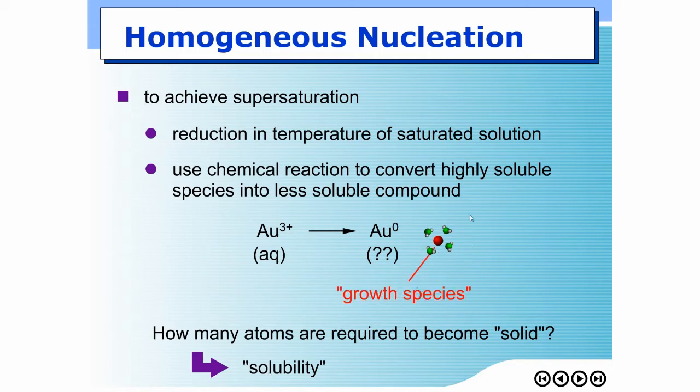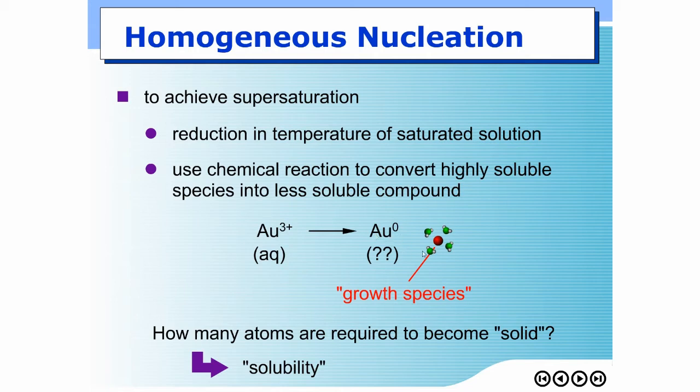So at this state where gold 0 is no longer solid yet, the state here will be called by the generic term growth species. So please understand that the term growth species here is the transition state for what we want to form into particles but that has not yet become particles.